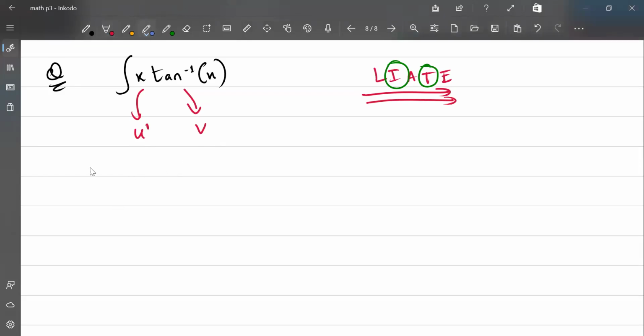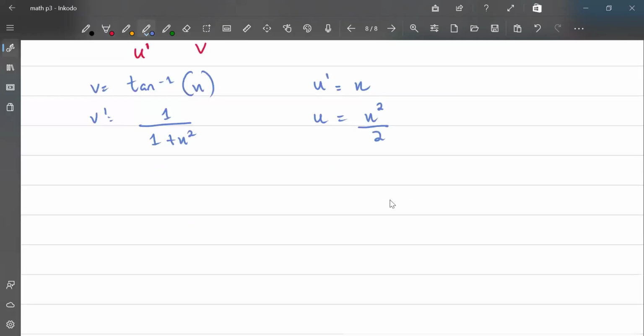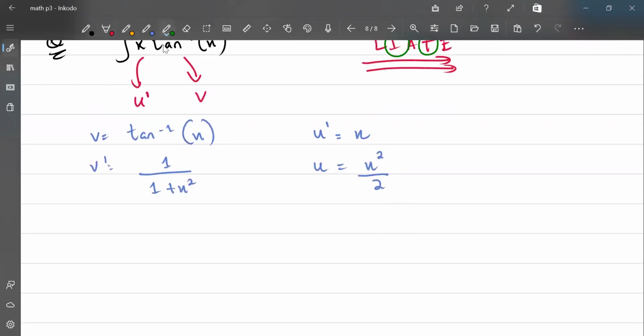So let's write it like this. v is equal to tan inverse of x, and u dash is x. So v dash would be 1 upon 1 plus x square, and u would be x square upon 2. Now we will apply the standard formula which we learned, that is vu minus integral of uv dash.